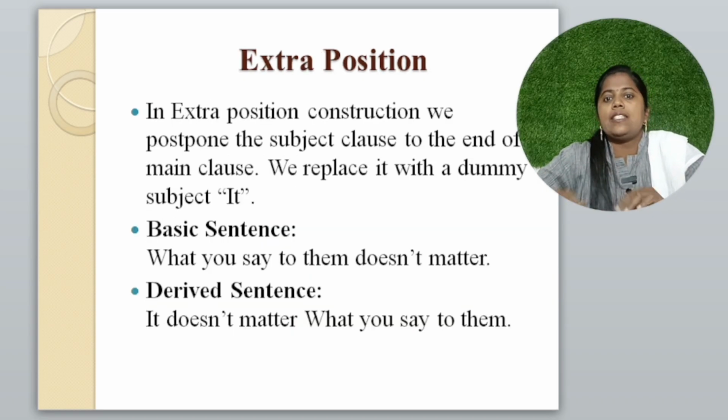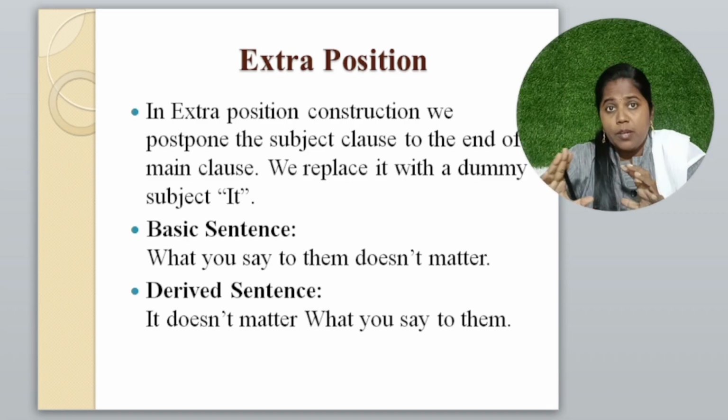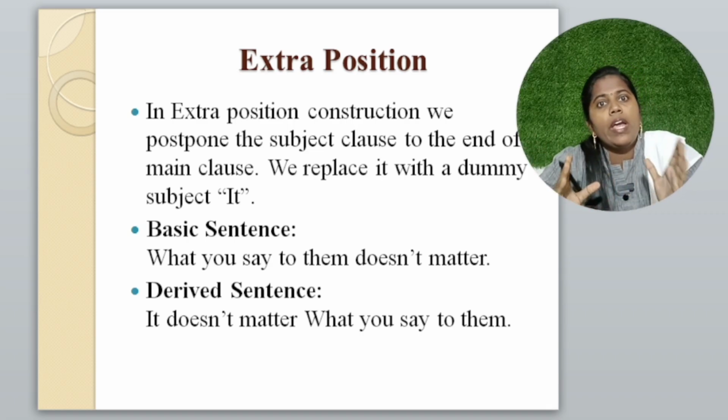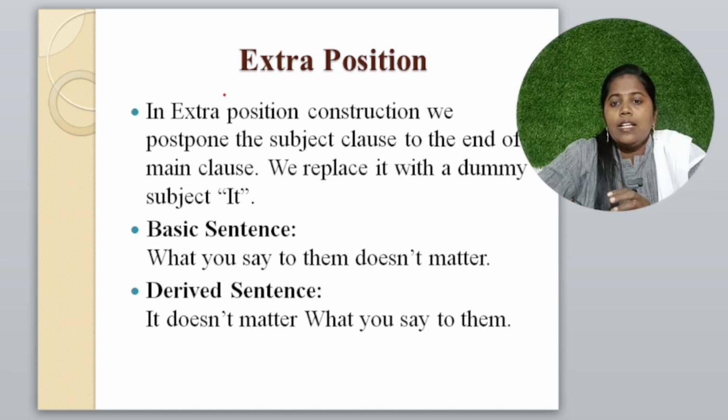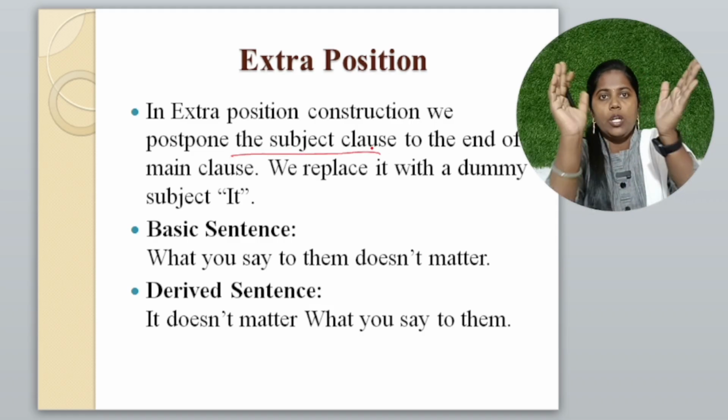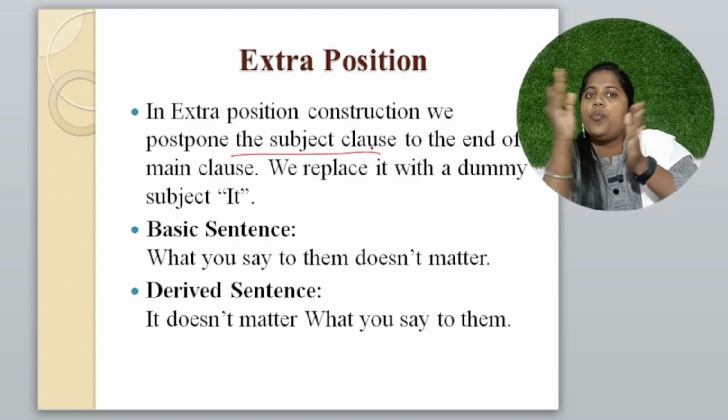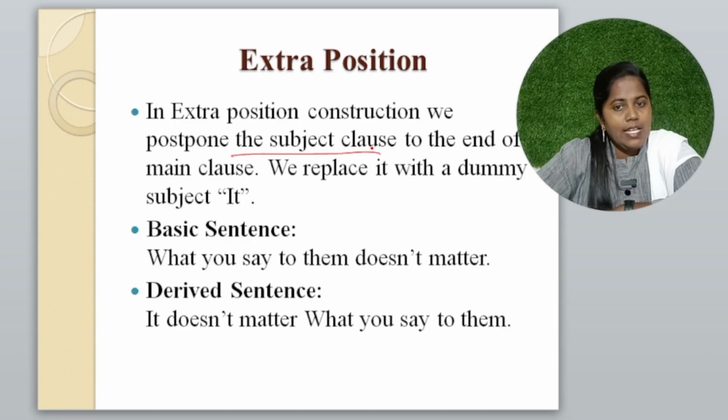And the next one is extraposition. What is meant by extraposition? Extraposition is somehow like postponing, but here we are going to postpone the subject clause. See, in extraposition constructions we postpone the subject clause. Means the whole subject clause we are going to postpone to the end of that sentence.